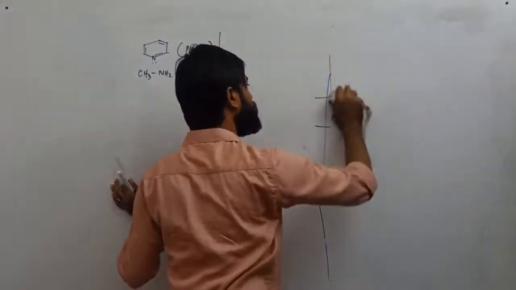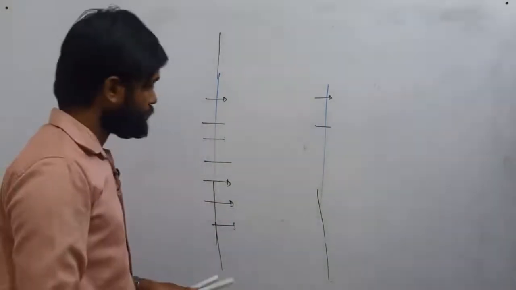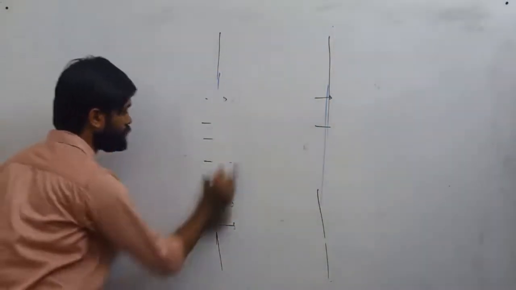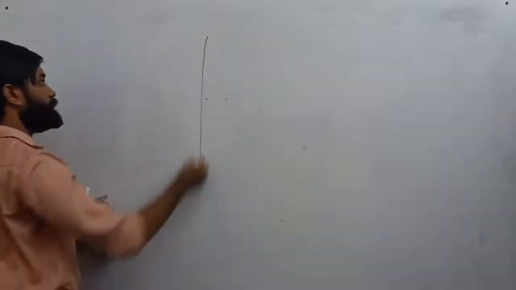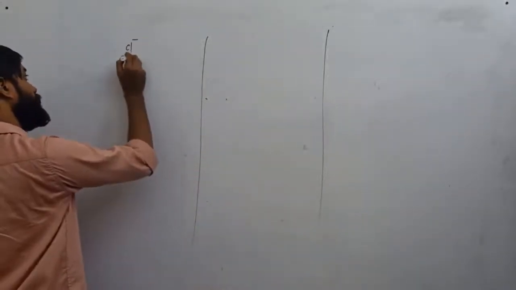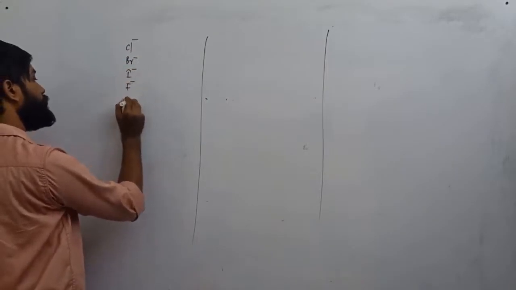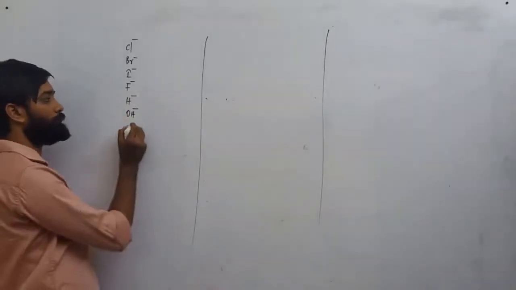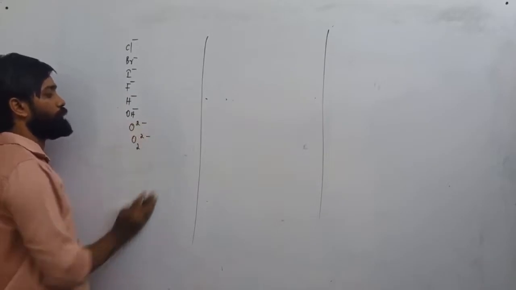Charged monodentate ligands. The very same table, but charged: Cl minus, Br minus, I minus, F minus, H minus, OH minus, O2 minus, O2 2 minus.